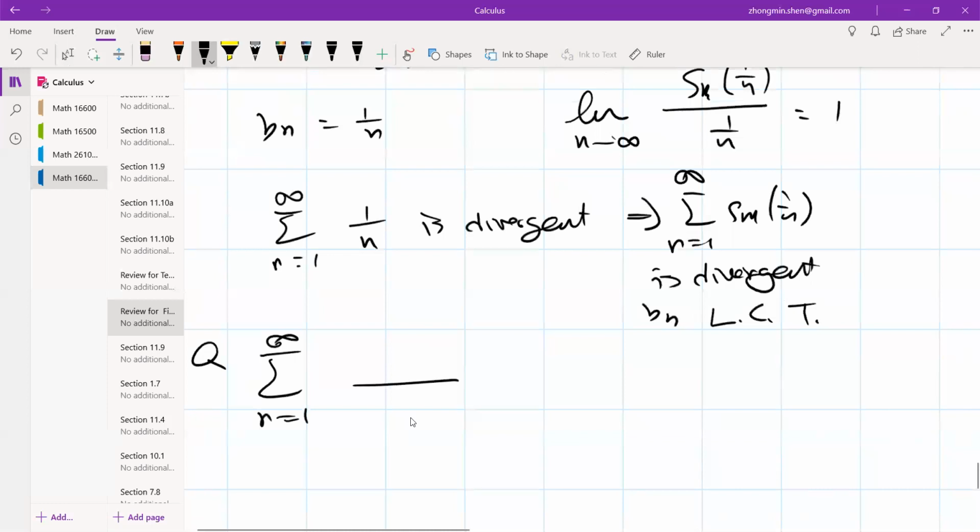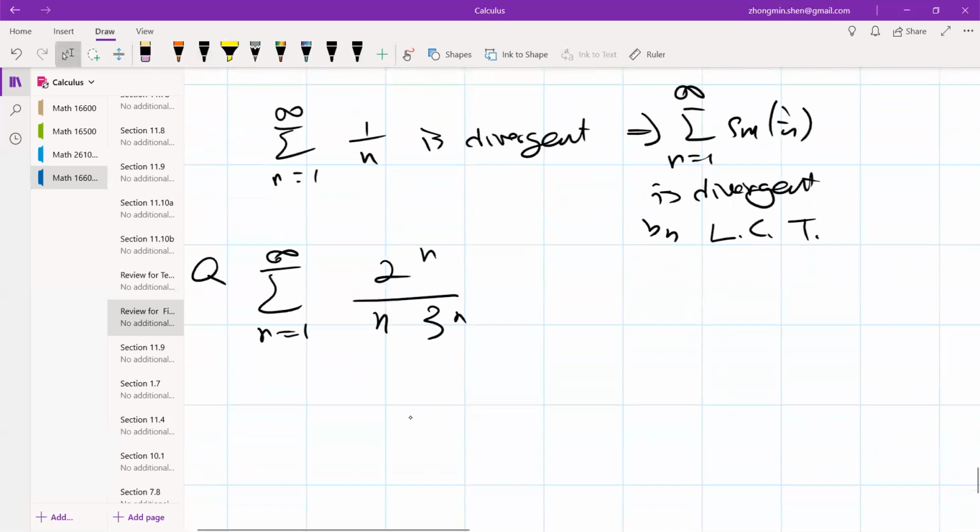Now this can be 3 to the n and 2 to the n, and clearly this is going to be convergent. You can use a ratio test, you can use a root test.